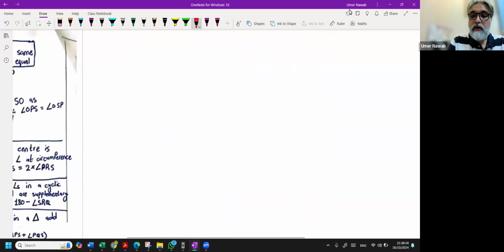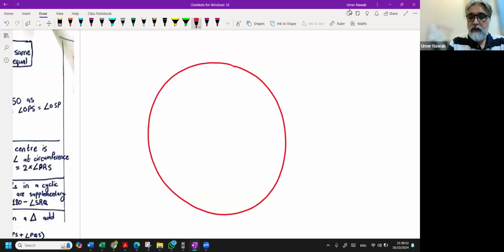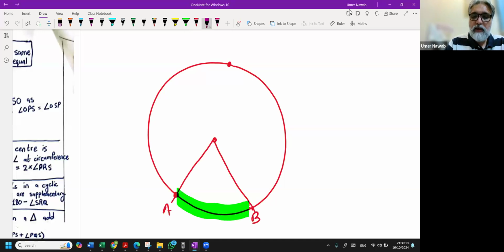Let me explain. If you have a circle and the center is given, and I'm going to use a minor arc AB, the endpoints of the minor arc are joined at the center. Now I'm going to join the same endpoints of the minor arc anywhere on the circumference.